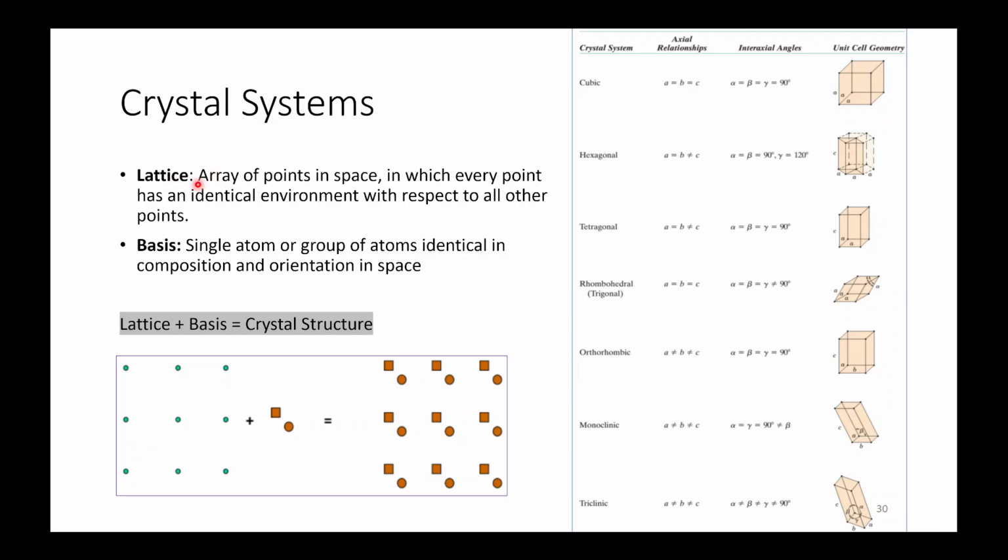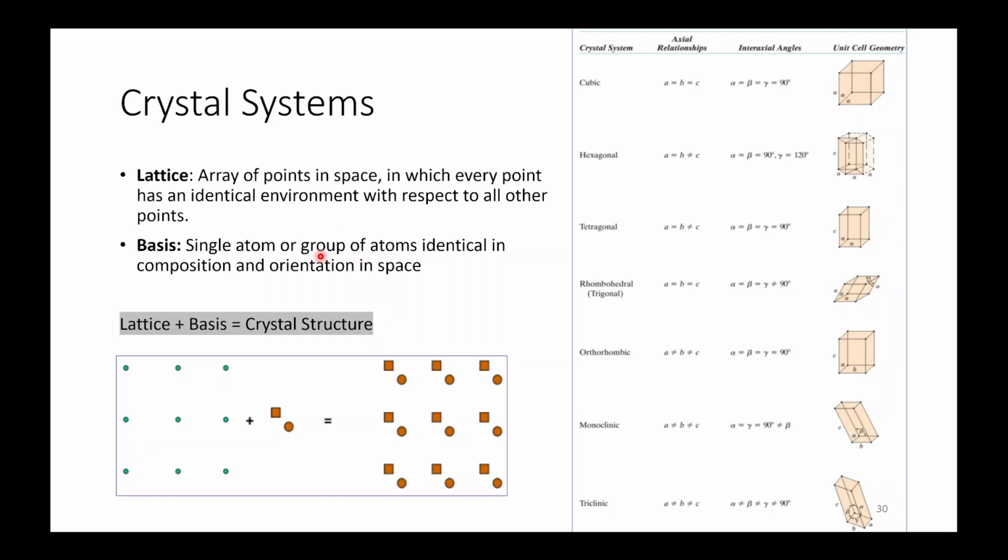So, lattice is an array of points in space in which every point has an identical environment. So, this atom will have similar types of atoms surrounding it as this atom will have at a particular distance. And basis is a single atom or a group of atoms.